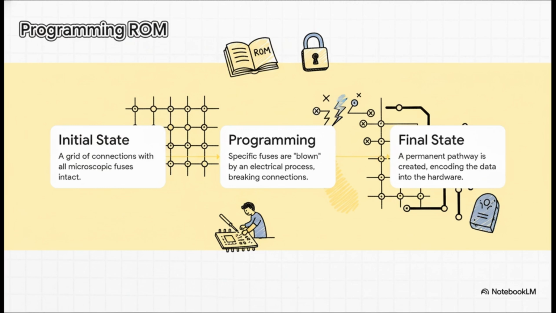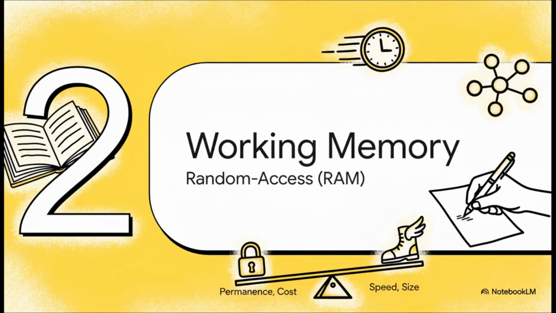When it's brand new, all the fuses are intact. Everything is connected. The programming process then sends a very precise electrical jolt to blow specific fuses, breaking those connections for good. The pattern of broken and unbroken fuses that's left behind creates a permanent pathway that represents the data. It's pretty cool.